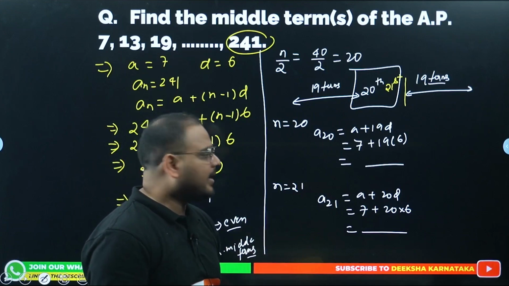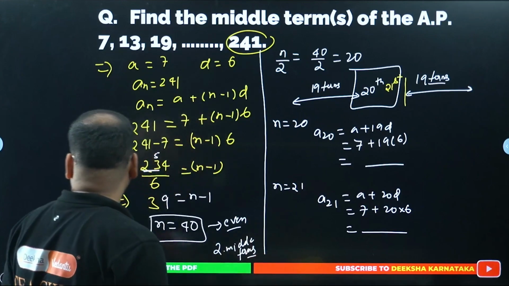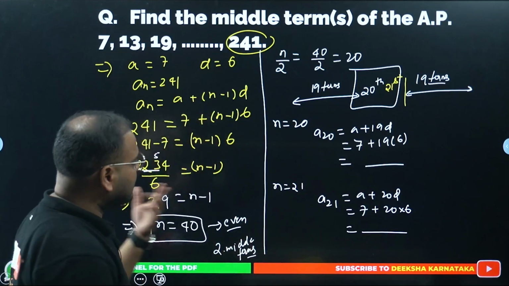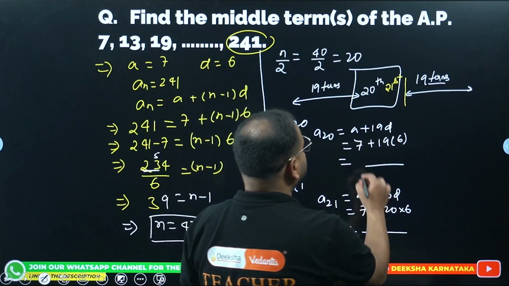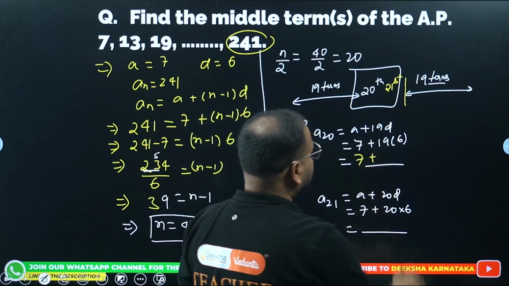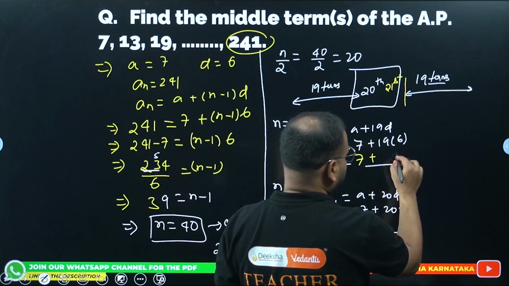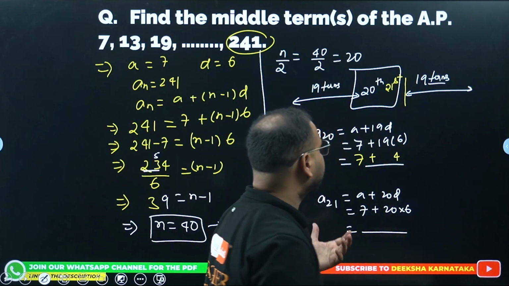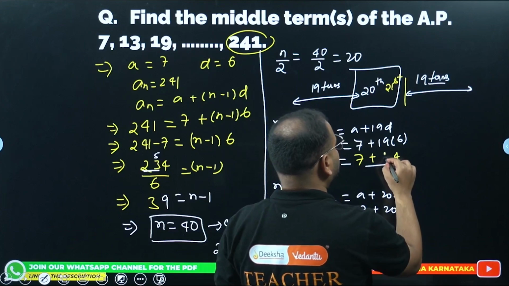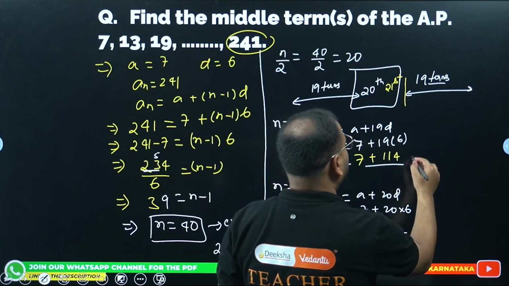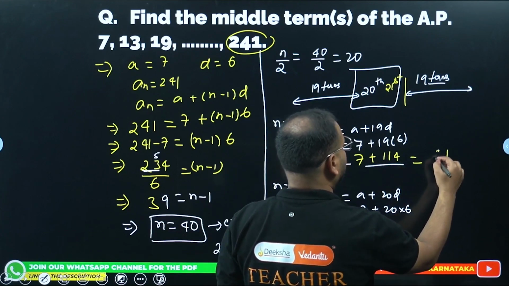If I have to simplify, let's do it. Let's give you the final answer only. 7 plus 19 times 6: 9 sixes are 54, carry 5, 6 times 1 is 6 plus 5 is 11, so 114, plus 7 is 121.